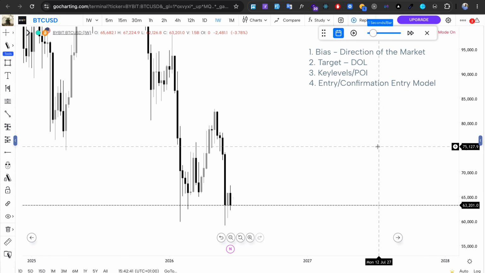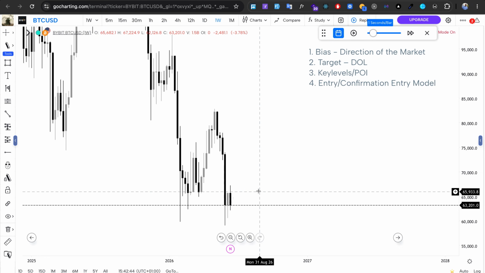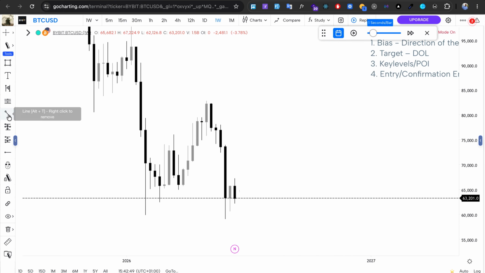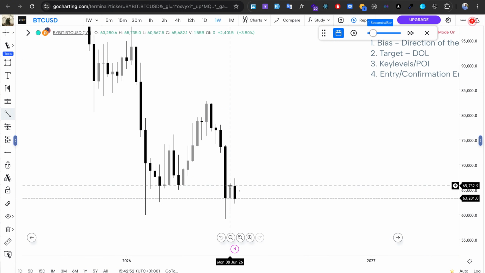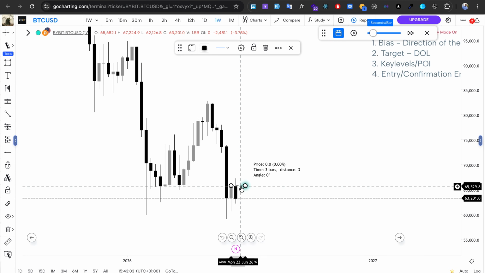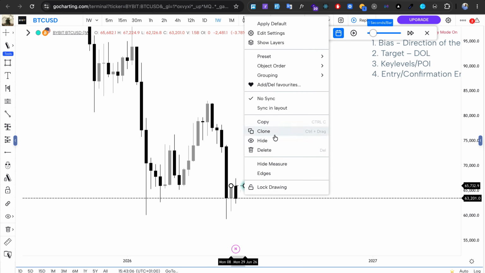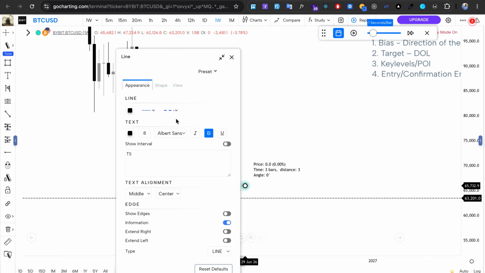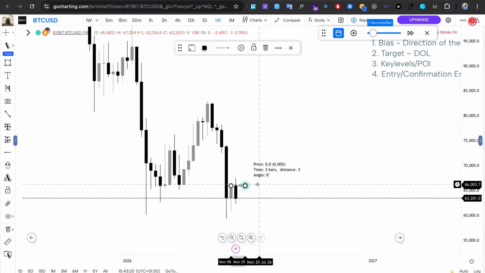The previous weekly candle closed, if you are familiar with CRT, with a turtle soup or a sweep of the previous candle. I'll call this TS, let me just name it WTS, that's just weekly TS.